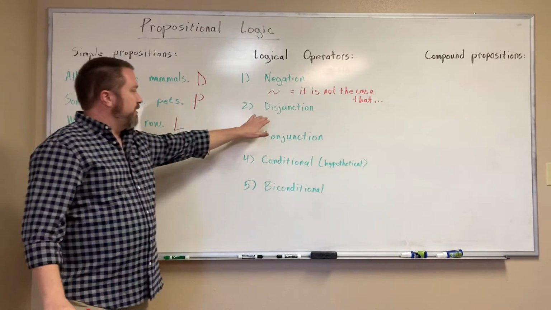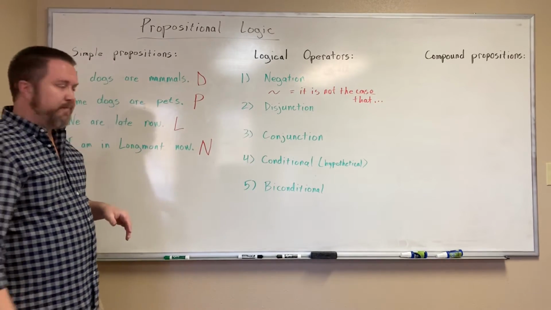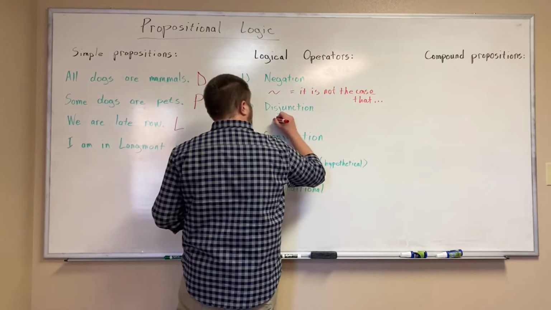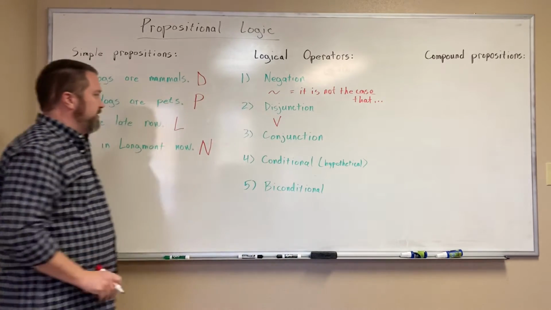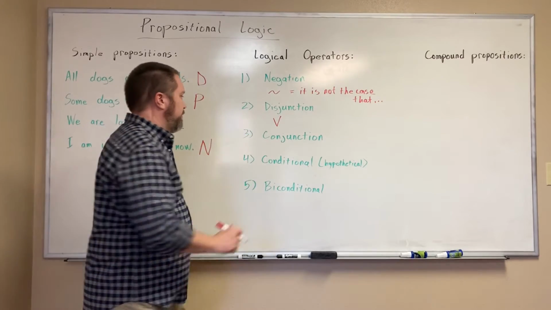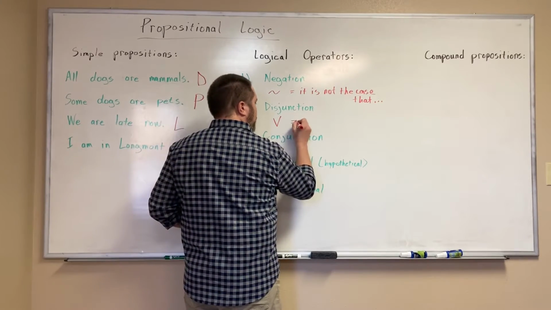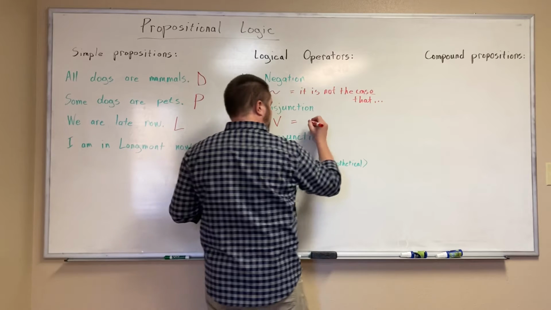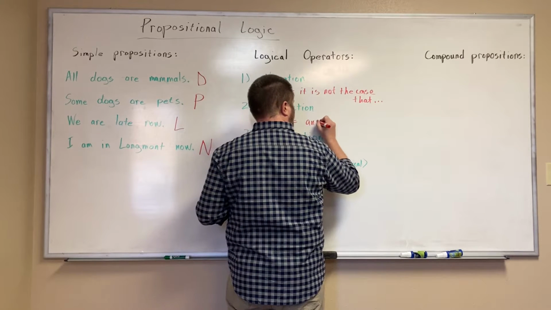Our second logical operator is disjunction. We're going to use the wedge, which on the keyboard, I think you could just use a V. So the wedge symbol, the way we're going to look at it is and/or.